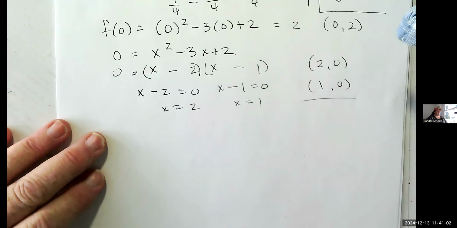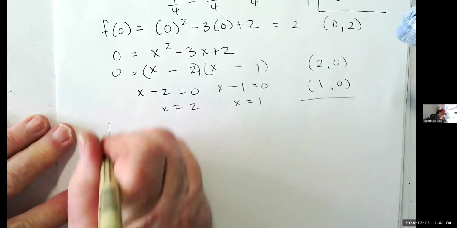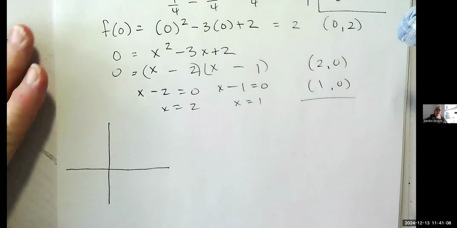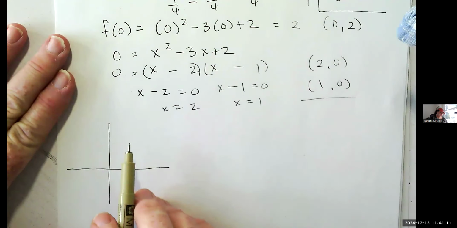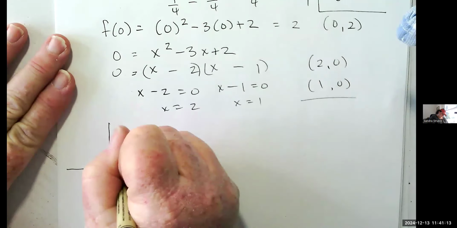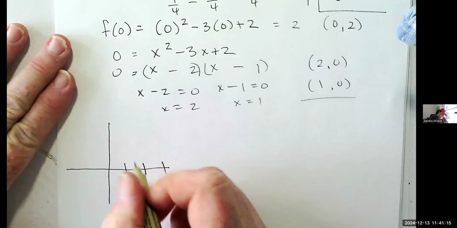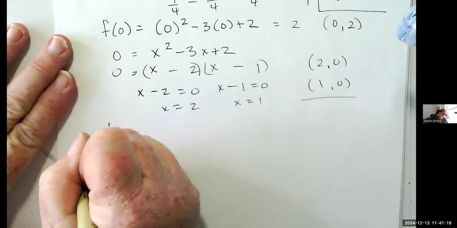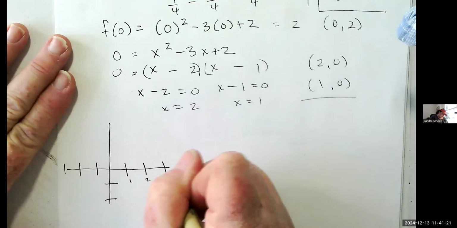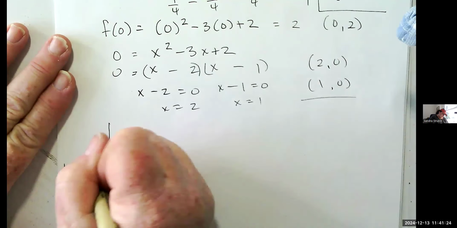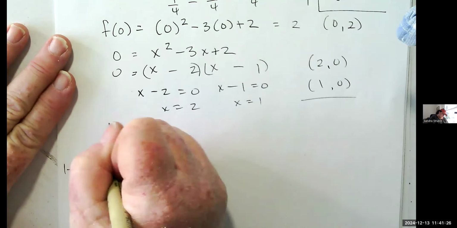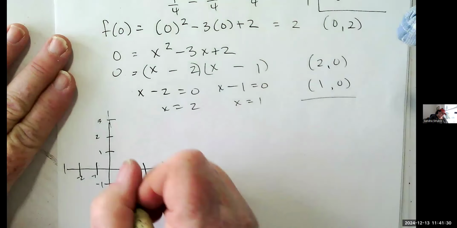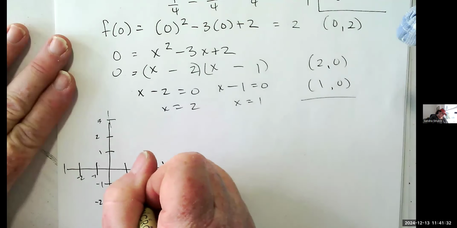All right, graph it. All right, I'm not going to ask you to graph anything but you should be able to know what this looks like. The vertex is 3 halves, so 1.5, and then down a fourth. All right, so over 1.5 and down right about there.